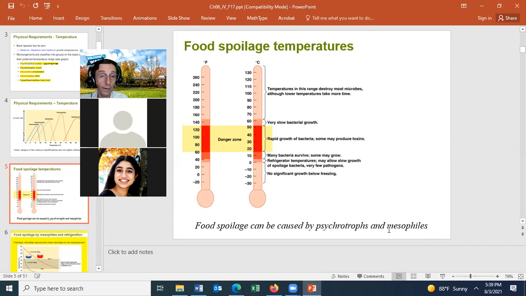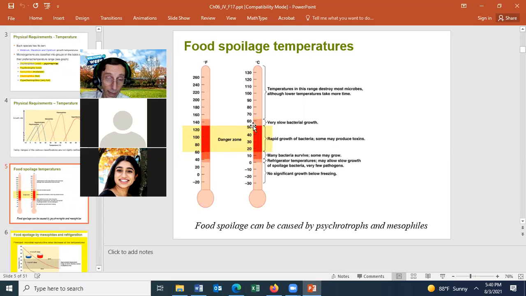Food spoilage can occur rapidly whenever the food is kept between 60 degrees Fahrenheit and 130 degrees Fahrenheit, which would be something like 15 degrees Celsius to 52 degrees Celsius.